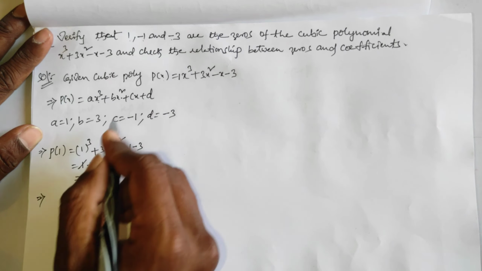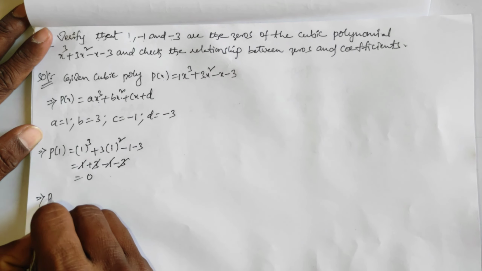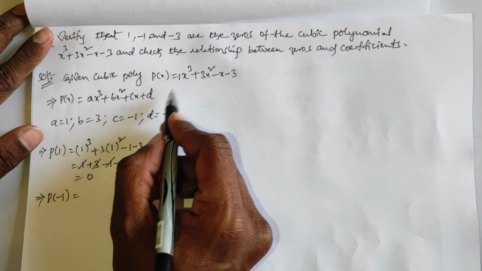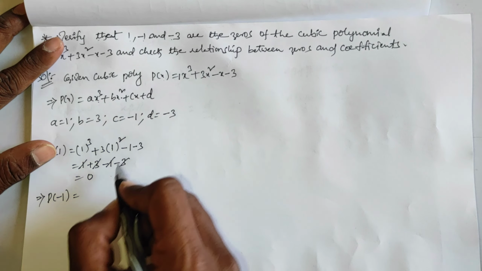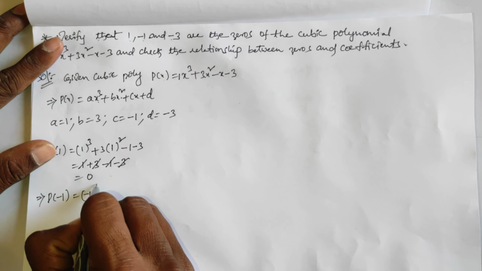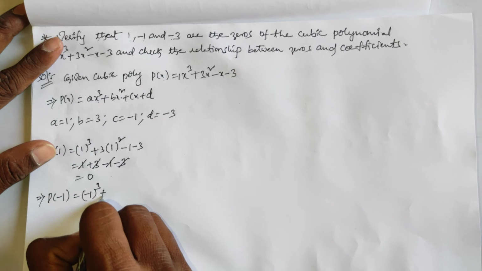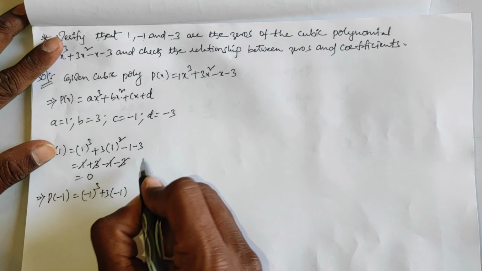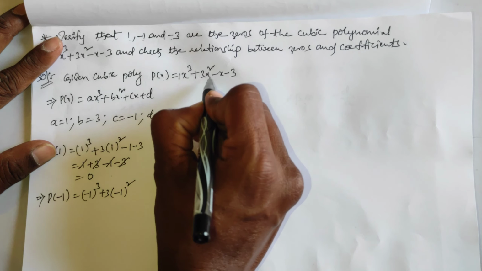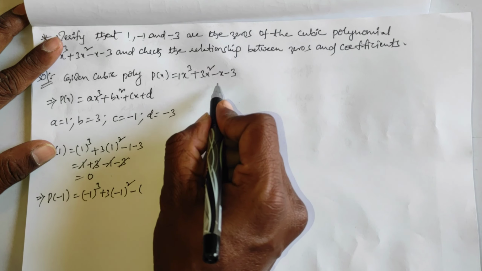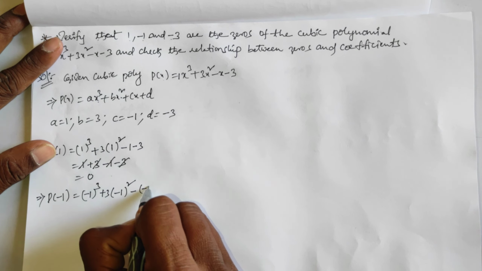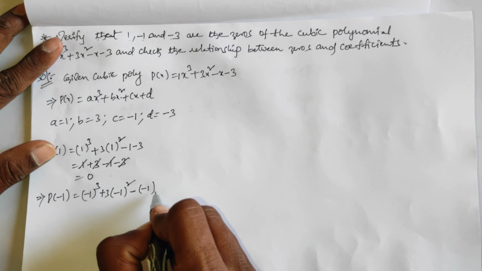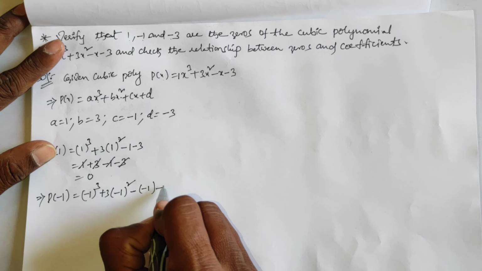In the second case, what we have to do? We have to consider P of minus 1. Now again, in this given polynomial, we have to replace x by minus 1. x cube indicates minus 1 whole cube, and plus 3 of x square, which is minus 1 squared, and minus x means minus of minus 1, and minus 3.